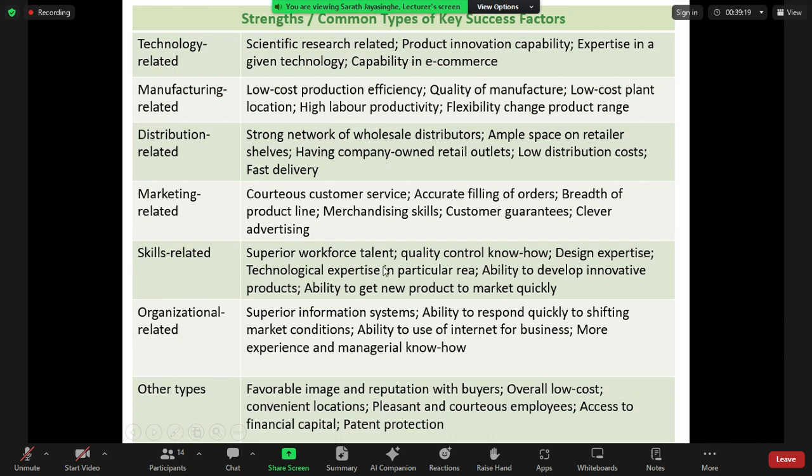Skill related, superior workforce talent, quality control know-how, design expertise. Then organization related, superior information system, ability to respond quickly to shifting market conditions. Other types, favorable image and reputation with buyers, low-cost convenient location, pleasant and courteous employees, access to. There are many success factors, right?